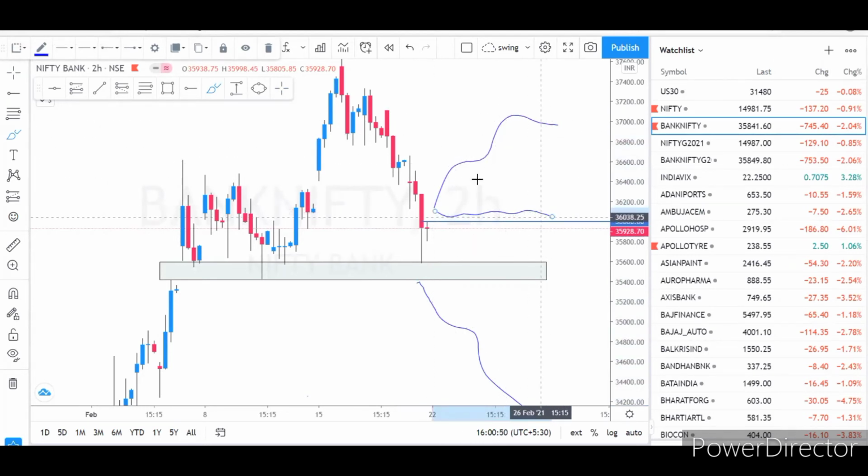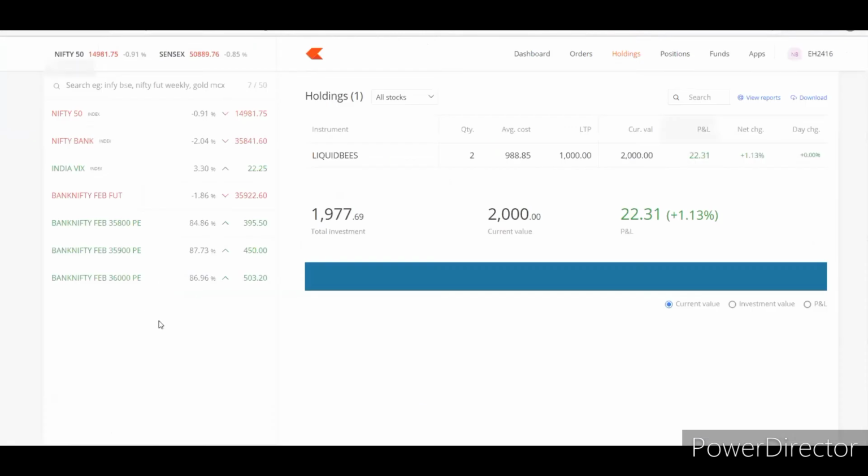If against our expectation the market falls heavily, suppose 2,000 or 3,000 points, then we will incur heavy loss. Our 503 premium may rise to 2,000 or 3,000 rupees. So there are two drawbacks. The risk is very high, that's why it is said risk is unlimited, and your margin requirement is very high.